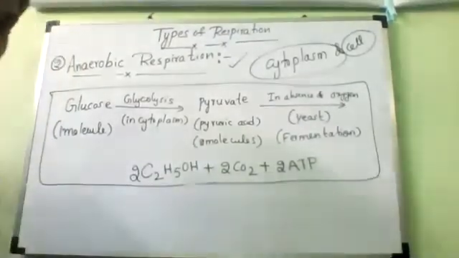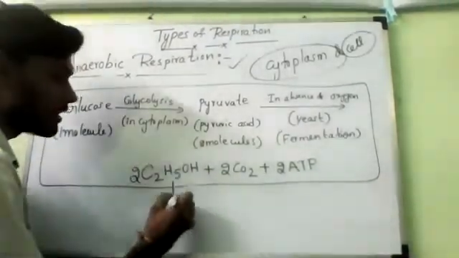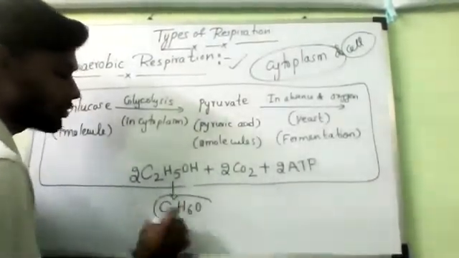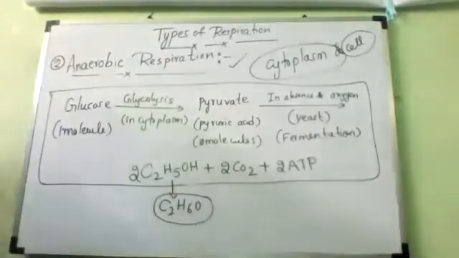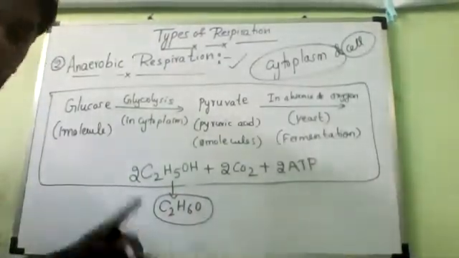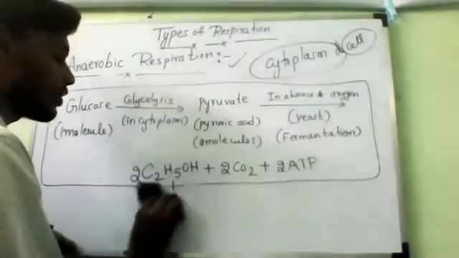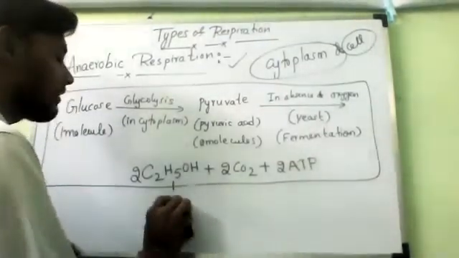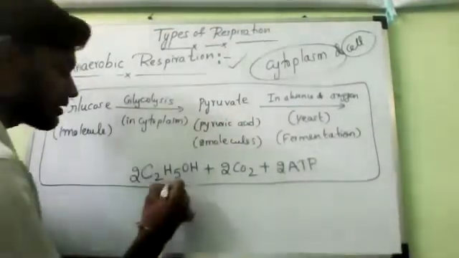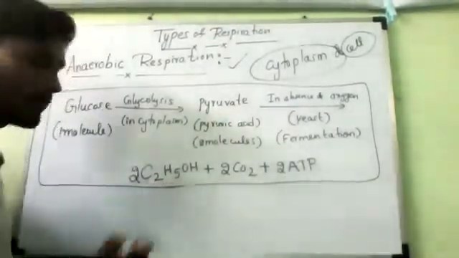Remember that. Sometimes they will give the same formula as C2H6O. Don't get confused by this; that is ethanol only. Because we have knowledge in chemistry, that is why I am saying this.